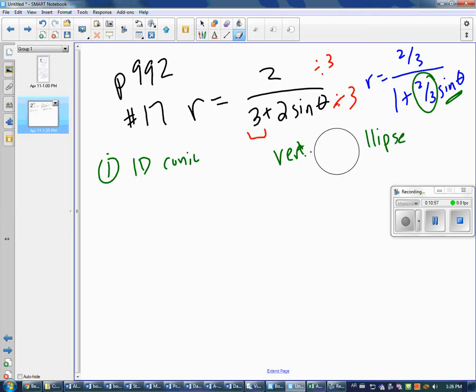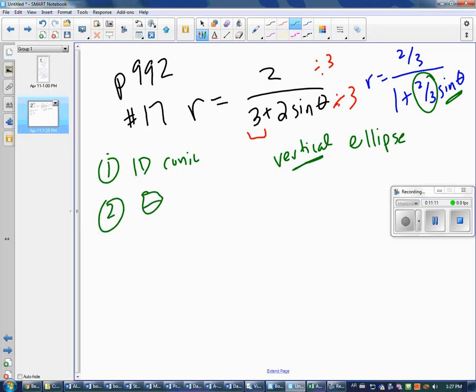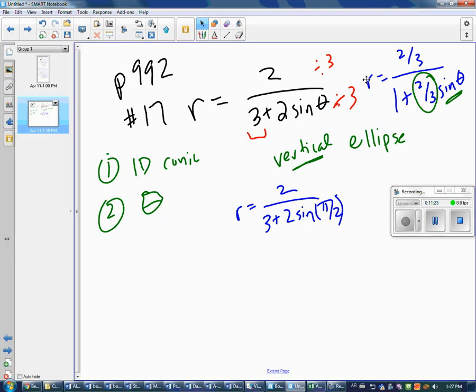That's not how to spell vertical. There we go. Okay. So once you know the direction, vertical, then you need to think about the theta values that are on the vertical. So you're going to your unit circle, and the theta values that are on the vertical are pi over 2 and 3 pi over 2. So you're going to sub those into the original equation to find the r values.